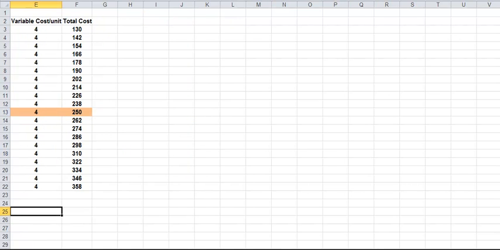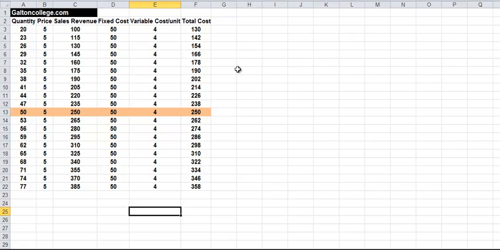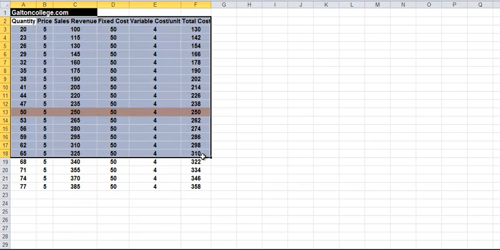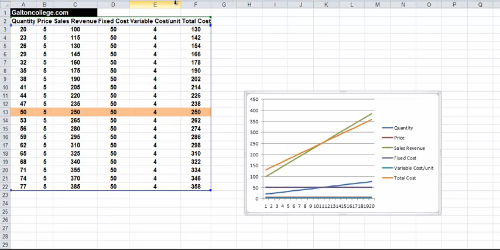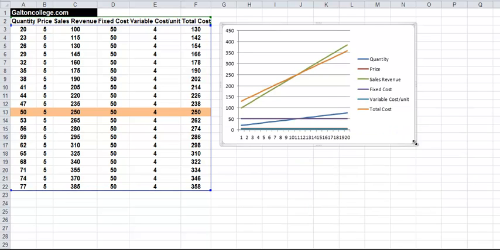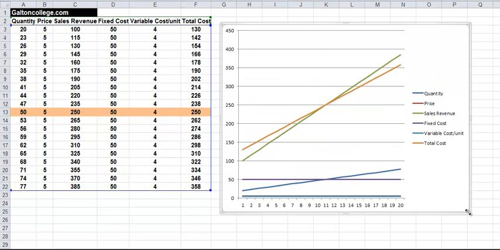Sorry, the Excel jumps around a little. We could just highlight this lot here and insert and take a line chart, and just putting that up, you can play with this yourselves and make it look a lot better than this.